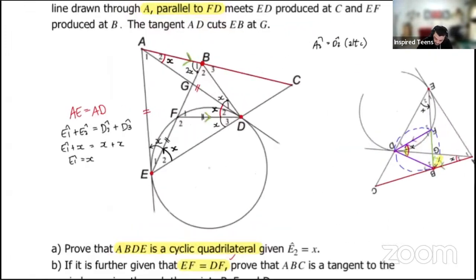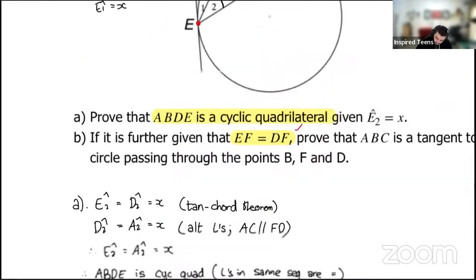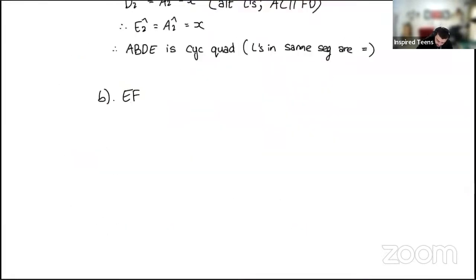Okay, let's start from the beginning. First we use the fact that EF is equal to FD. Given. Okay, I'm cheating, I have another diagram up here. We said that E2 is equal to D3.